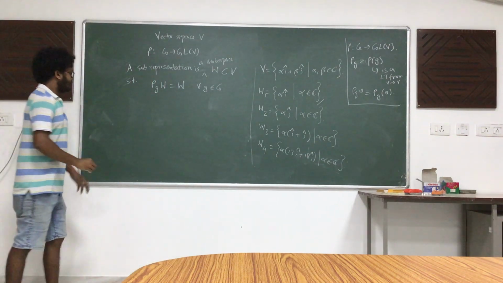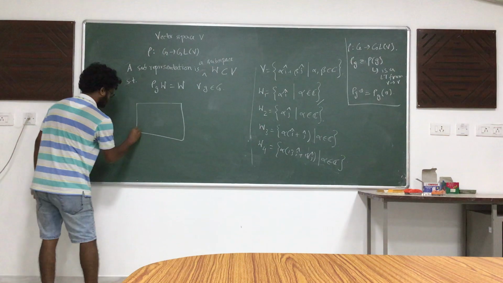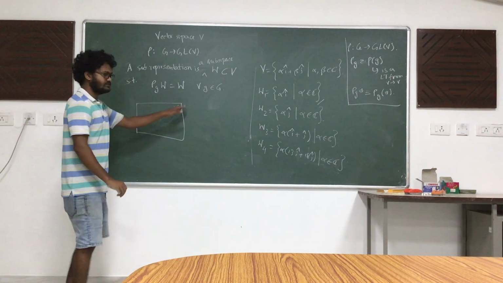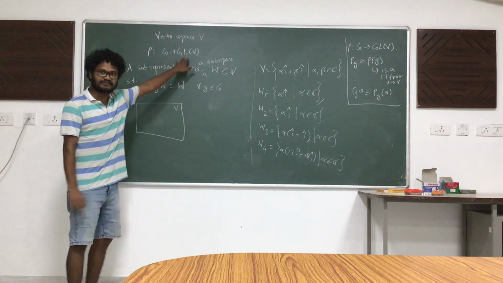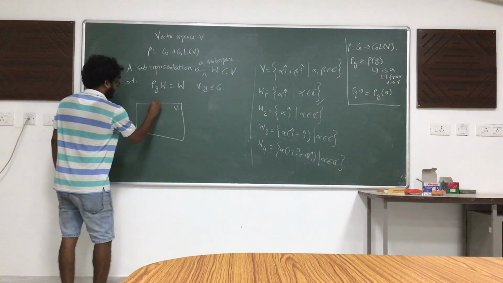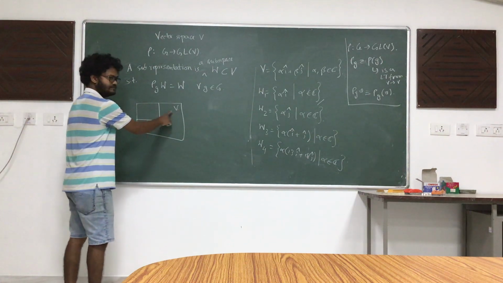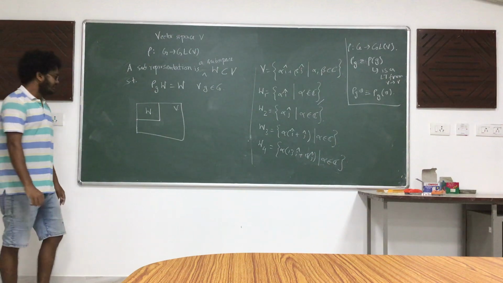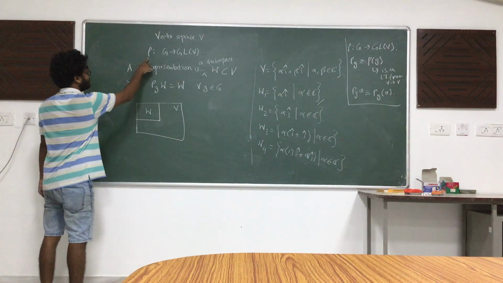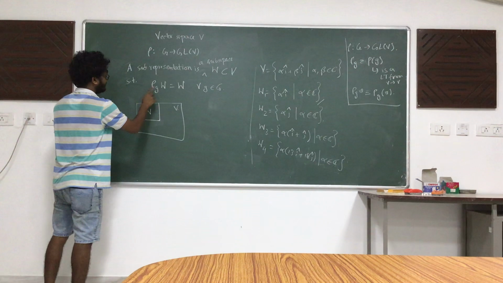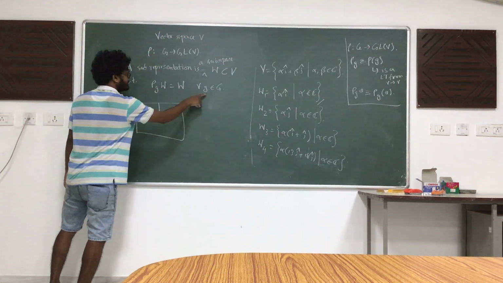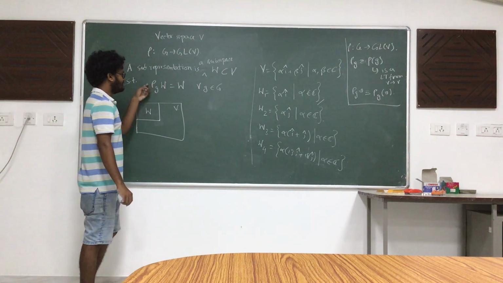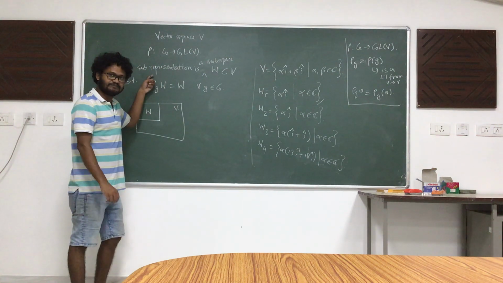That means, let us illustrate it. Let us say we have a vector space V. We have been given a representation, and we found, let us say, a subspace of V, let us call it W. And this holds for all the small g's belonging to capital G. So what is rho of g? Rho of g is a linear transformation.